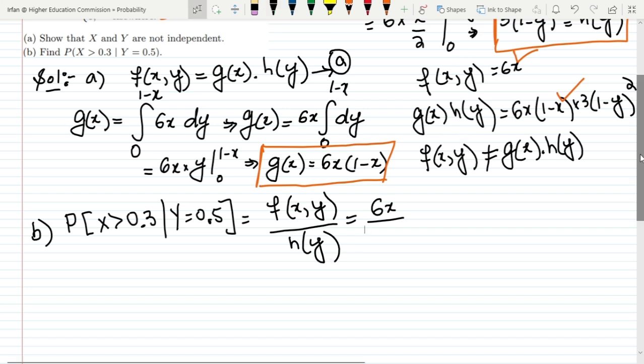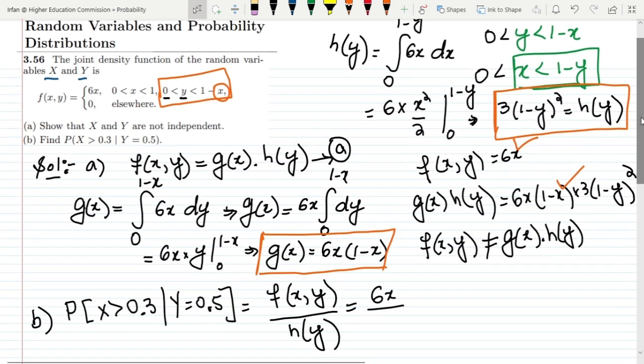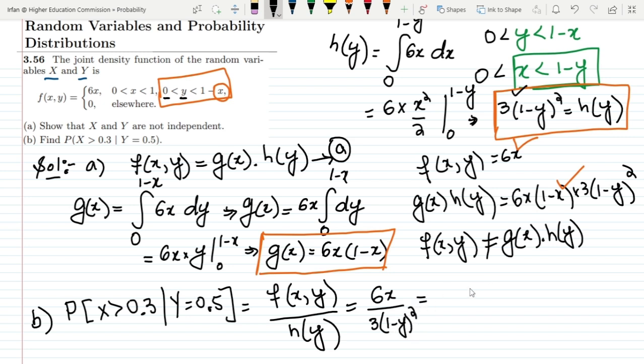Let me see, here it is, okay. This is 3(1 minus y) whole square, or we can also see that this is 2x divided by (1 minus y) whole square, okay.